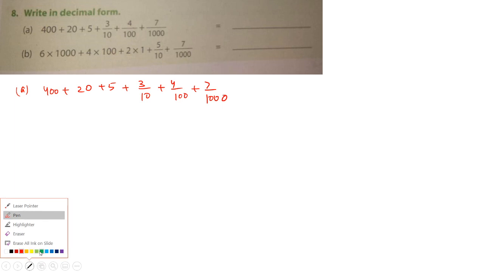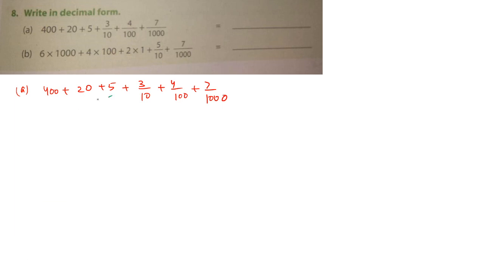Okay, students. Now question 8 says write the decimal form. Write in decimal form means it is given in expanded form, we have to write in short form. So what you have to do in this question, look at this. The place value of 5 is ones.